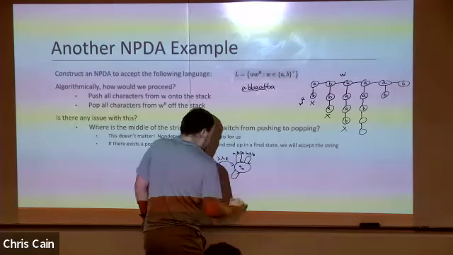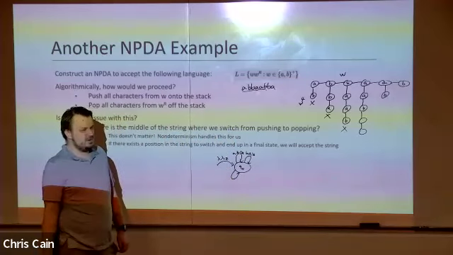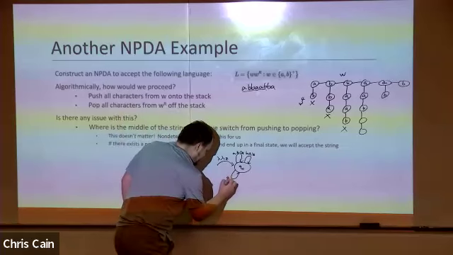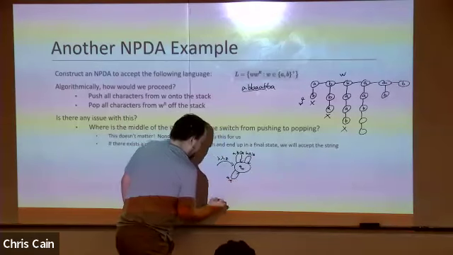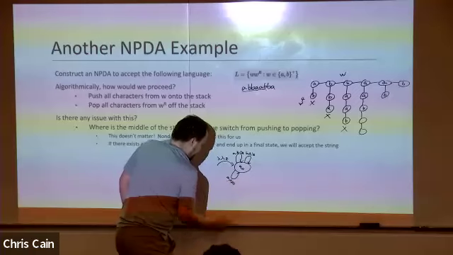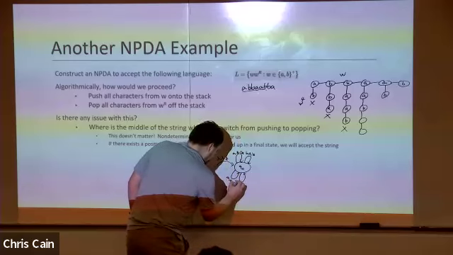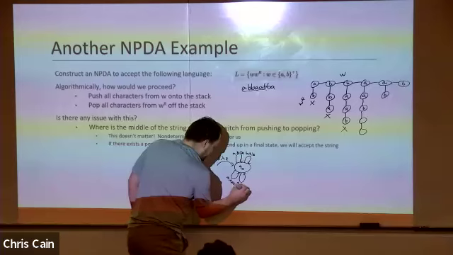We need a third transition because now we need to consider what happens if a 0 or a 1 is on the stack. So we read an A, there's a 0 already on the stack, we want to push another 0. We need another transition for if we read an A and there's a 1 on the stack, we want to push a 0 on top of that 1.